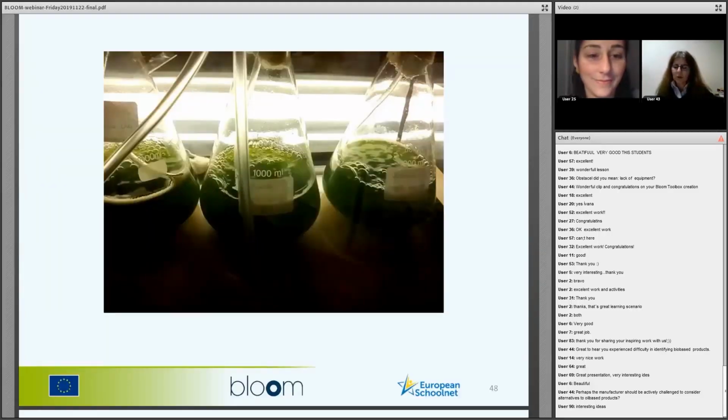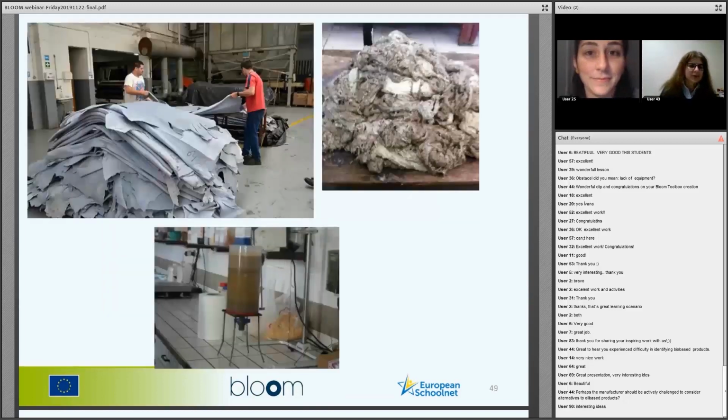Also, with the leather market, yeah, okay, thank you. Okay, as you can see in these images, there are really lots of wastes, and they produced fertilizer.